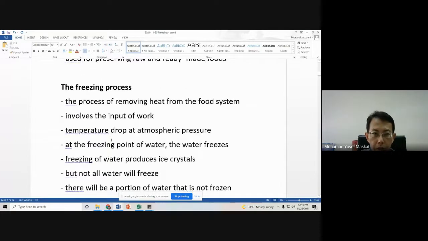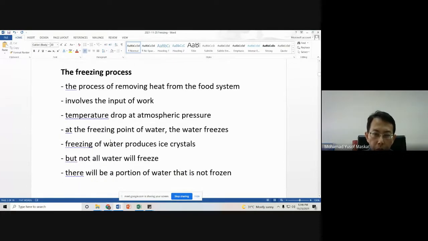So let's look at the freezing process. While the chilling process is very straightforward, where you just lower the temperature, no phase change, and water is still in liquid form, freezing is a little bit more complex. It involves the input of work, meaning energy, so there is a cost to it.